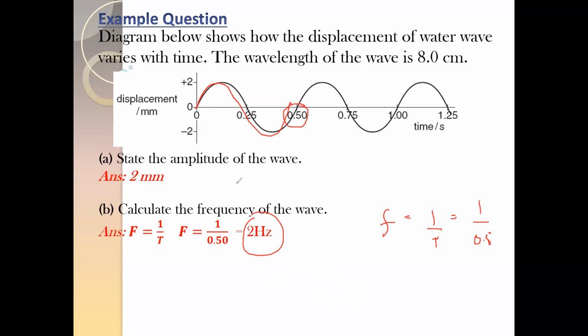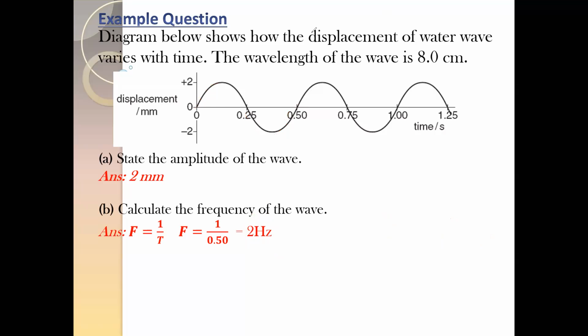I can use the number of waves divided by time, or I can use the reciprocal of the time. You'll get the same answer, so use whichever formula you find convenient.